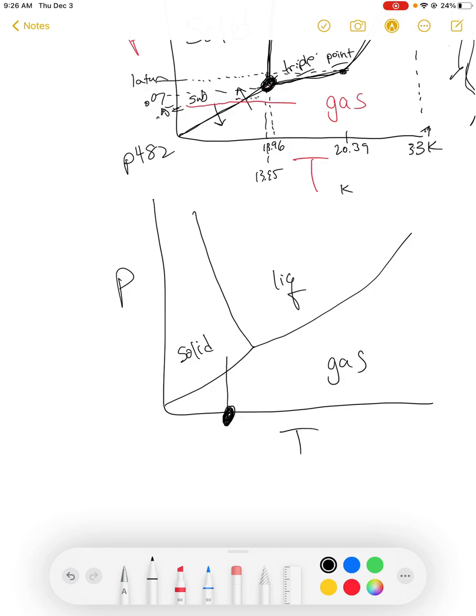As you add pressure to an ice cube, for instance, it's going to turn into a liquid, okay? This is different from every other substance in the universe that we know of. So that's why when you go ice skating, and you've got your little ice skates on, people think that they are melting the ice, but not really.